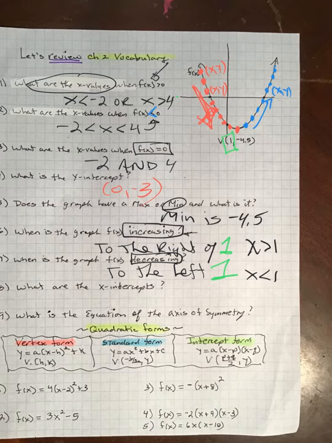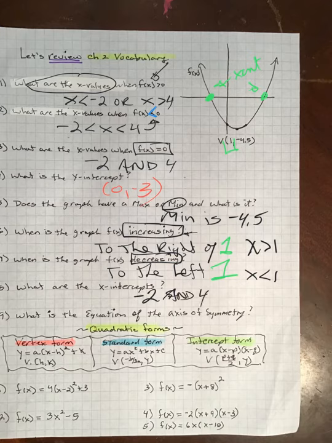What are the x-intercepts? The x-intercepts are where the graph crosses the x-axis. So those are your x-intercepts. So the intercepts are -2 and 4.